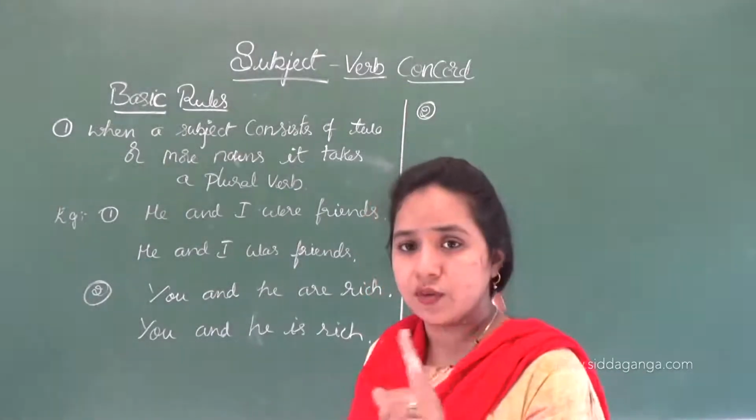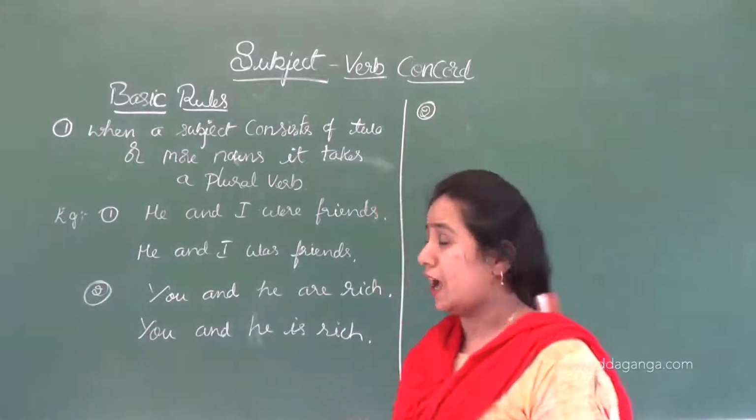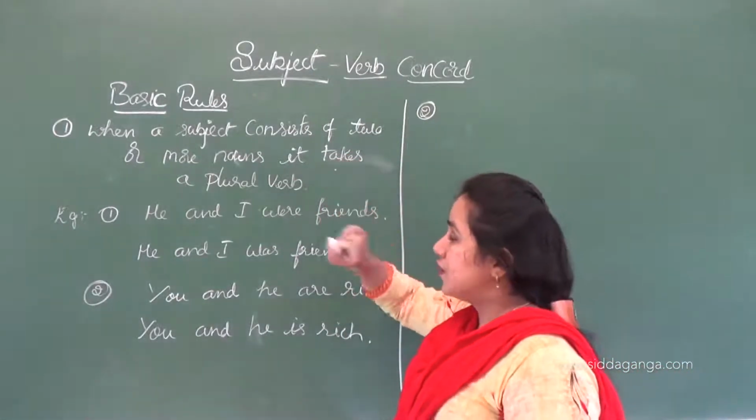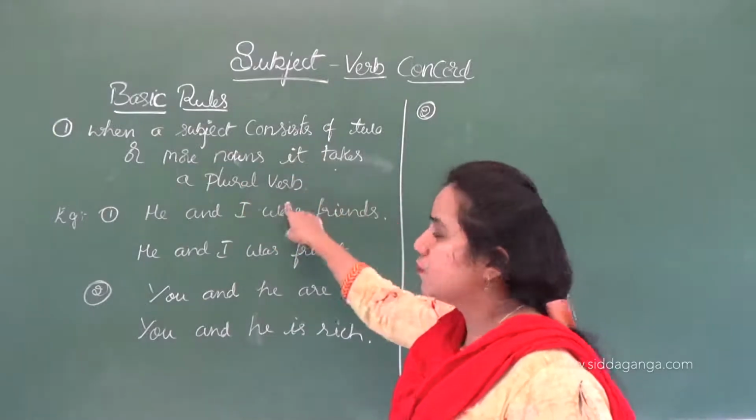The first rule: when a subject consists of two or more nouns, it takes a plural verb.